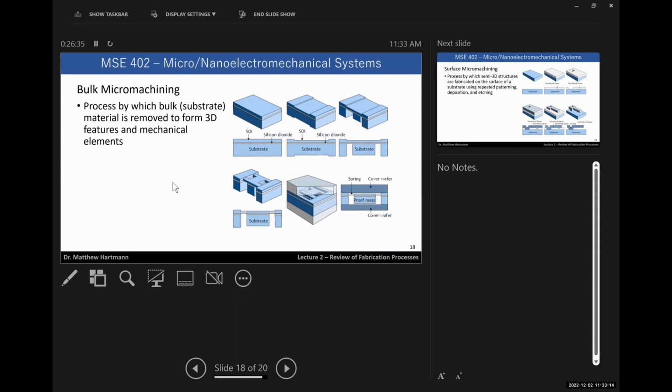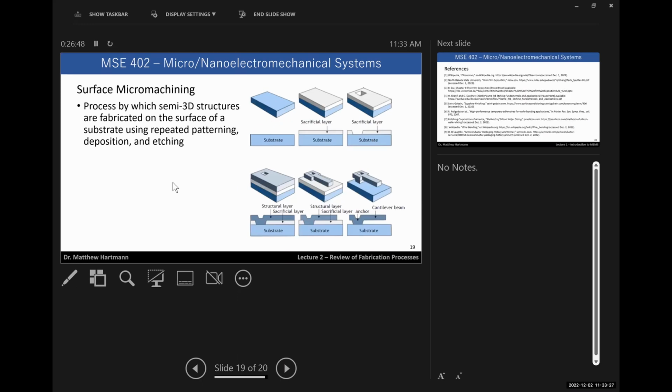Done a whole heck of a lot up until the mid 1990s, still done now for specific things like pressure sensors and stuff like that. In contrast, we have surface micro machining. So instead of manipulating the substrate, you build structures on top of the substrate using patterning and sacrificial layers.